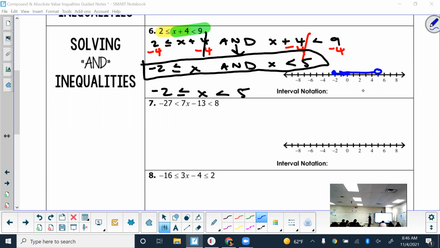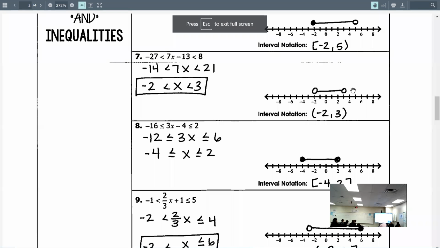All right, I'm going to have you try the one below it from start to finish. So practice separating it, solving them separately, and then graphing your solution. So you try number 7. All right, so split it up. They didn't show the splitting up, so I'll write it down in here.